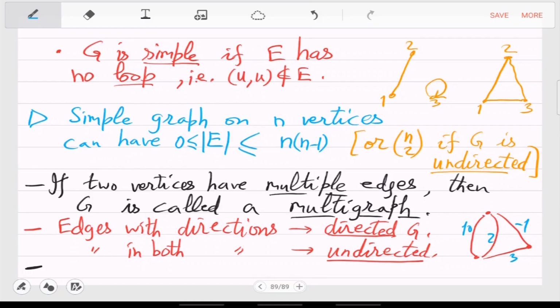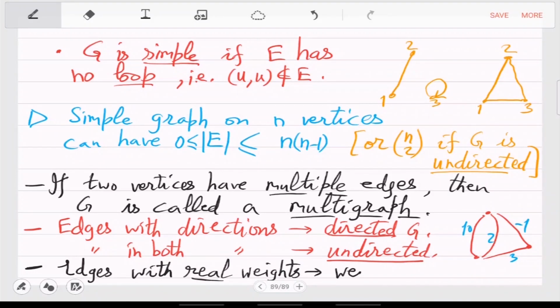Weights can be anything, so you may have a real weight. Right? So these graphs are then called weighted graphs. And usually if there is no weight on the edge, then you assume the weight to be 1.